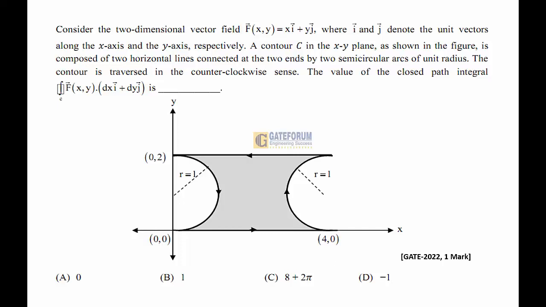The solution: from the given figure, the boundary C is a closed curve traversed in the anti-clockwise direction, and inside the curve, the shaded part is the region bounded by C in the xy plane. So it is a two-variable function and C is a closed curve. I can apply Green's theorem.